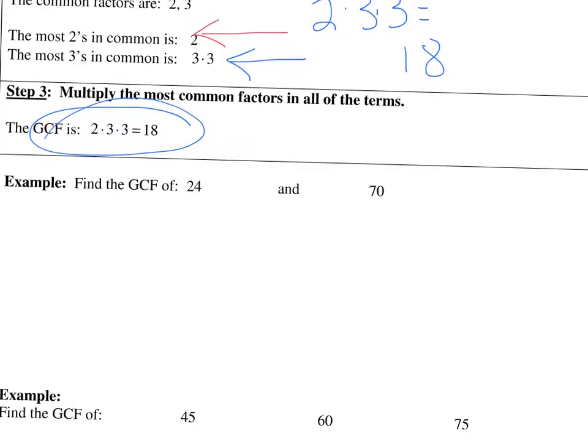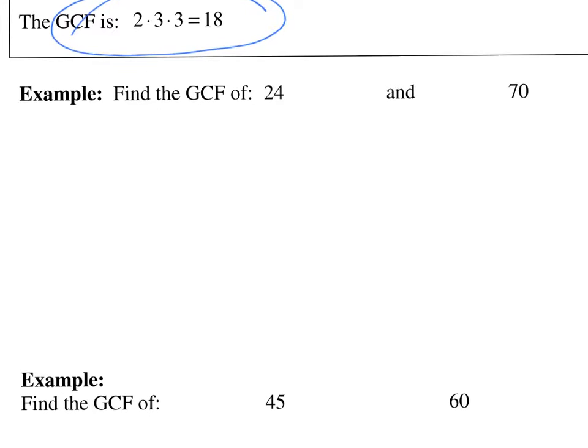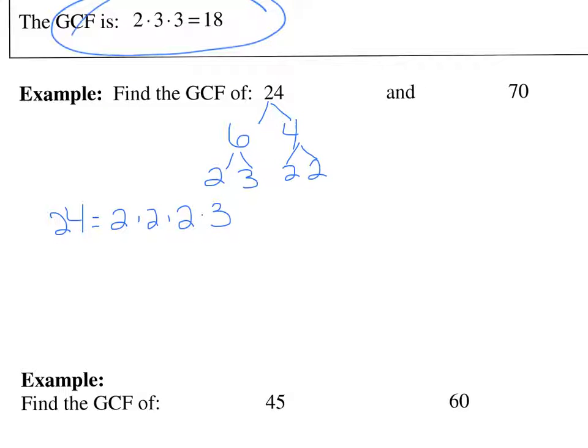All right, so we're going to practice down here on 24 and 70. So the first step is, let's use the tree to find the prime factors of 24. Well, I know 24 is 6 times 4. The 6 breaks down to be 2 times 3, and the 4 breaks down to be 2 times 2. So the prime factors of 24 are 2 times 2 times 2 times 3, coming from right here.